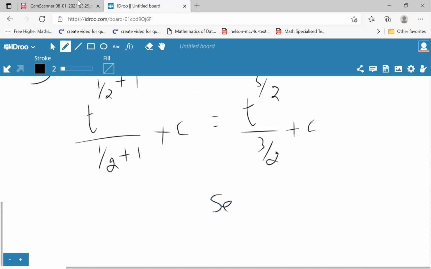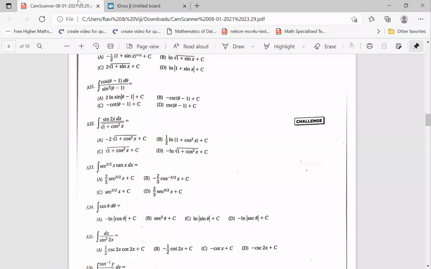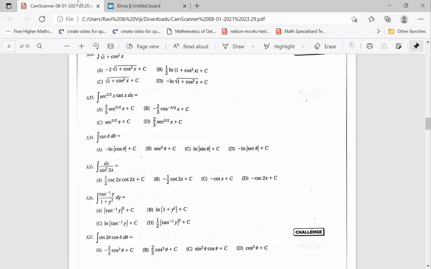So that will give you secant to the power of 3 by 2 x by 3 by 2, will reciprocate. So that will give you 2 by 3 secant to the power of 3 by 2 x plus c. All right. So which option is correct? So D option is correct. 2 by 3 secant to the power of 3 by 2 x plus c. So option D is correct.